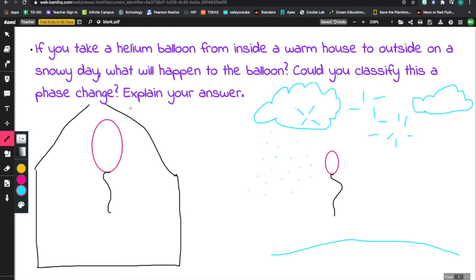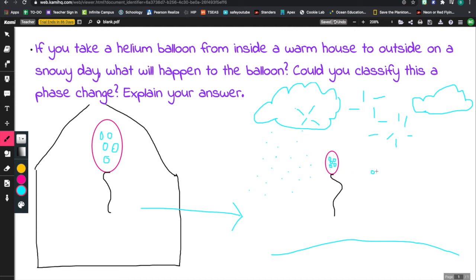Okay, so we have our balloon and we're going outside into the cold. Well, what's happening here? Okay, so we're inside, our house is warm, and in our balloon we have these gas molecules, all right? We have these gas molecules and they are zipping around, floating around, bouncing off the walls of the balloon, right? Okay, so we're gonna move outside, and what's gonna happen to those gas molecules? Well, essentially the balloon is going to shrink because those gas molecules are cooling down, and what is eventually going to happen if it's cold enough is these gas molecules are going to turn into a liquid.